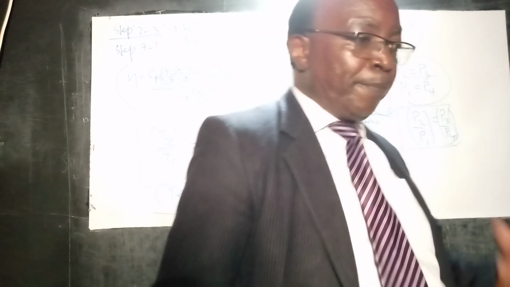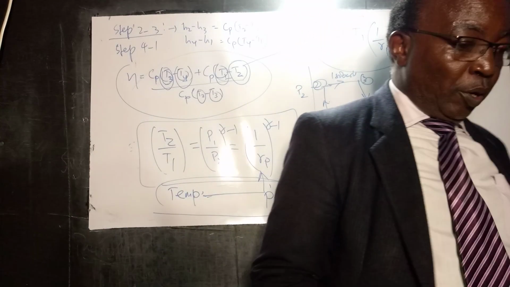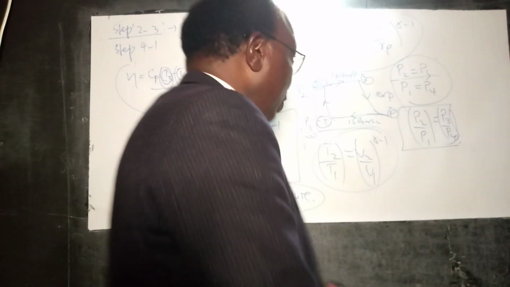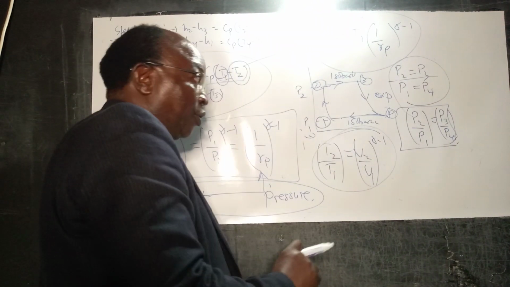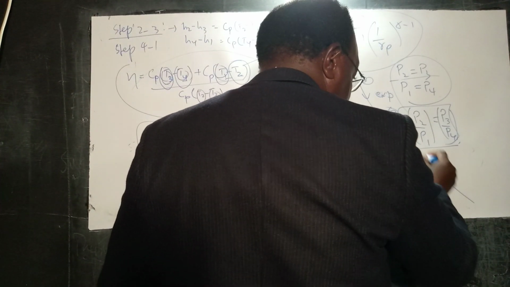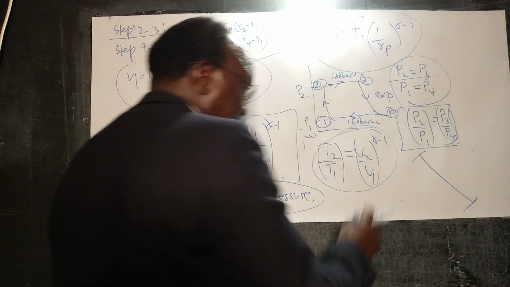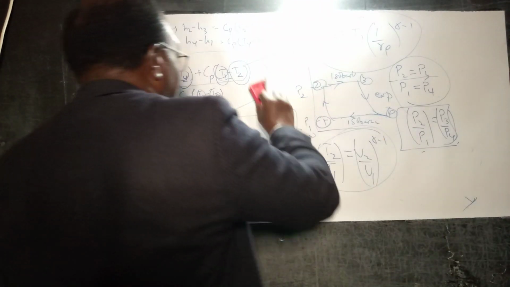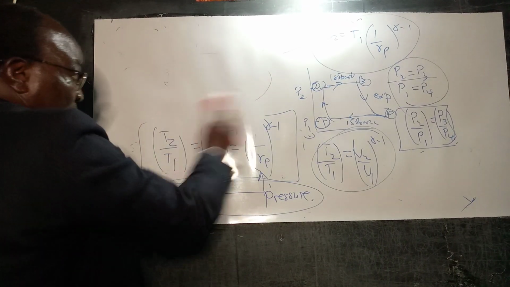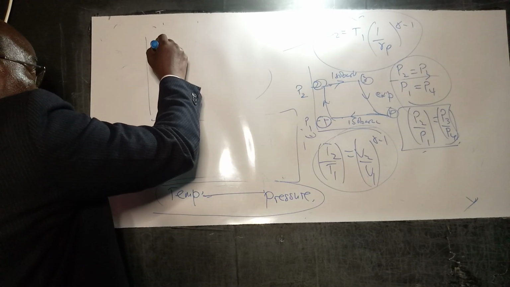So you find, for example, that increasing the compression ratio actually affects the performance. You want to look at the compression ratio so that you have a case where you have an extended expansion. Let's illustrate it a little bit more graphically.